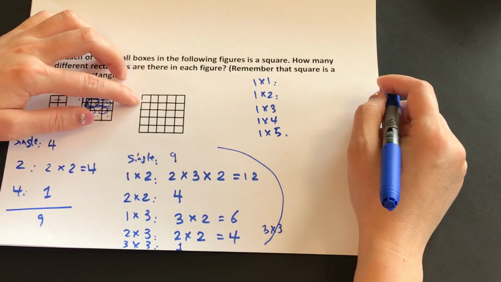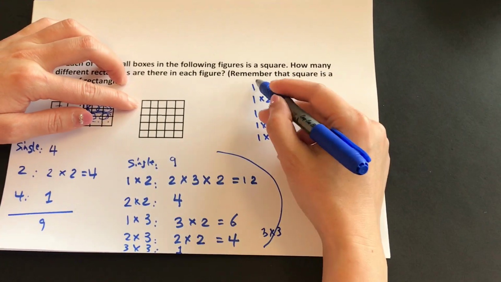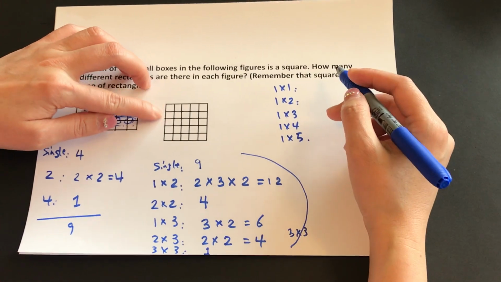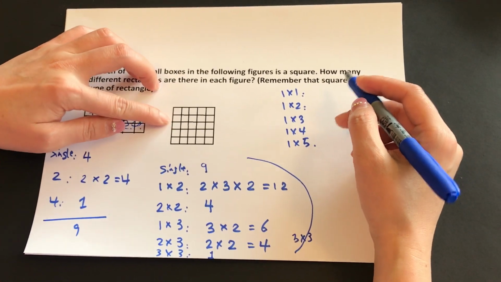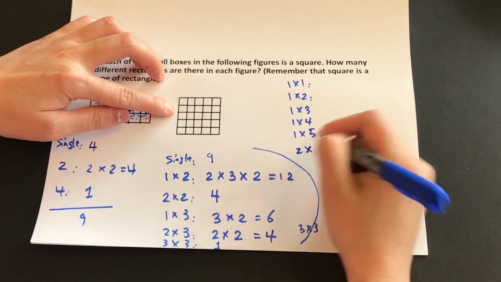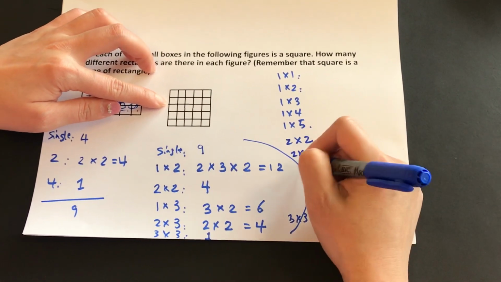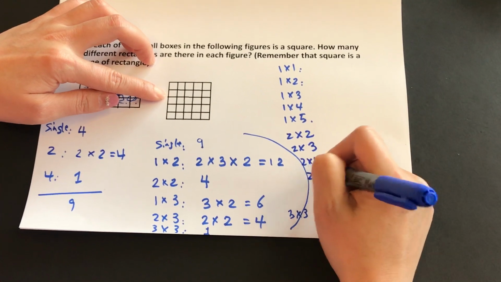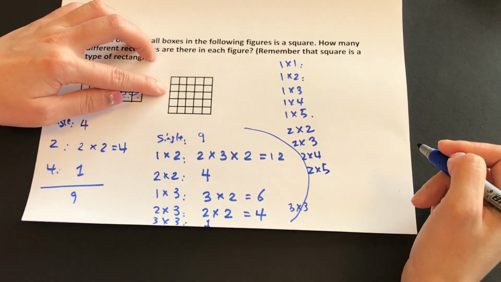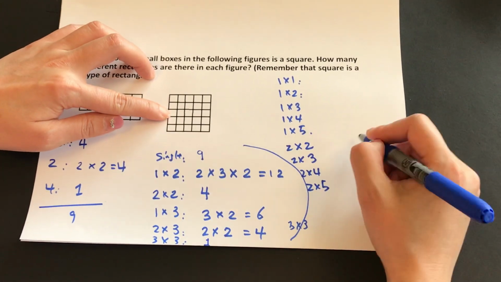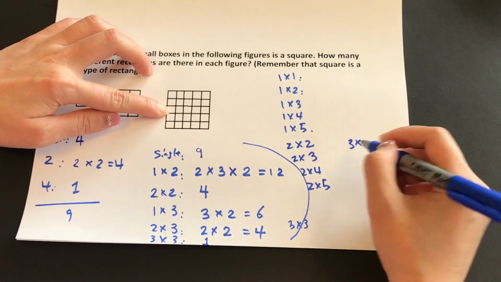Before, we had horizontally only 1 square. Now, adding on to that, we have vertically 2 rows. Now we have 2 multiply 2, 2 multiply 3, 2 multiply 4, 2 multiply 5, and so on. And then we have 3 rows stacked together, 3 multiply 3.